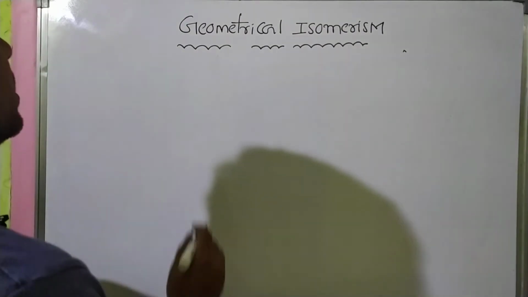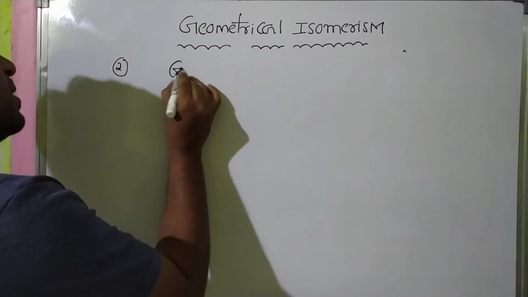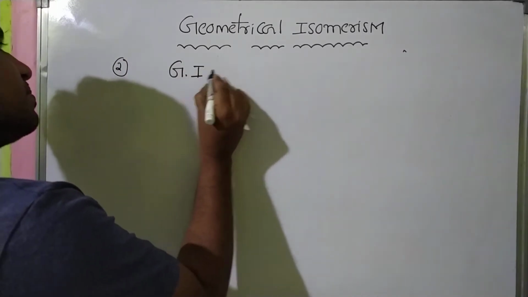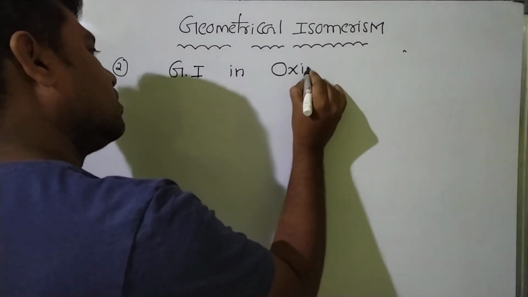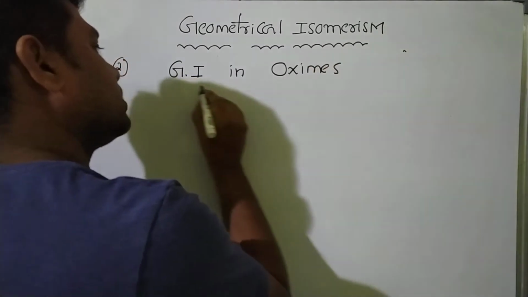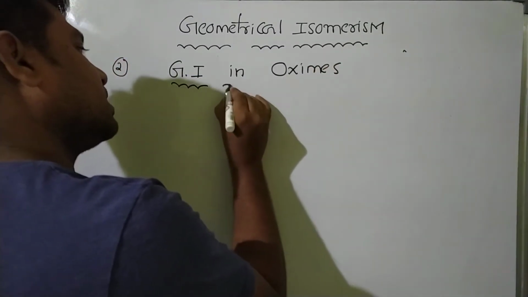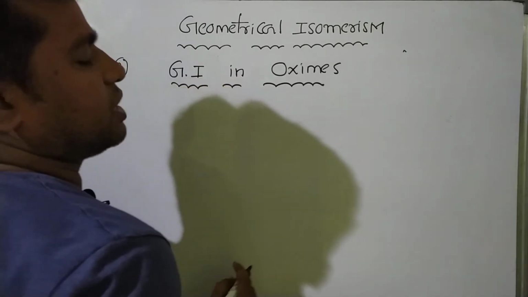Now, the second one is geometrical isomerism in oximes. So this is very, very important. Oximes. Geometrical isomerism in oximes. So what is called oxime?